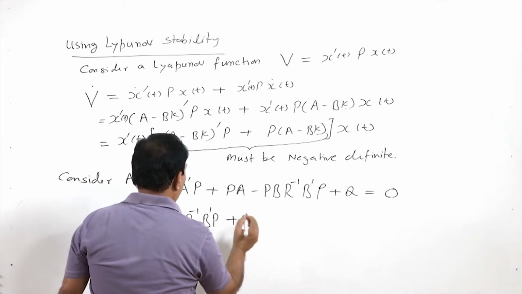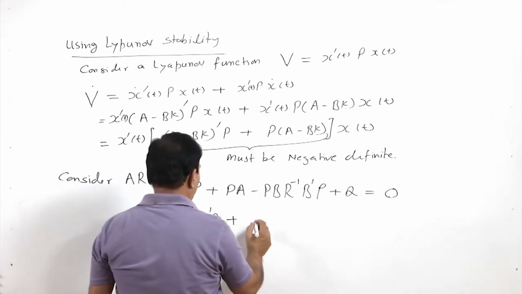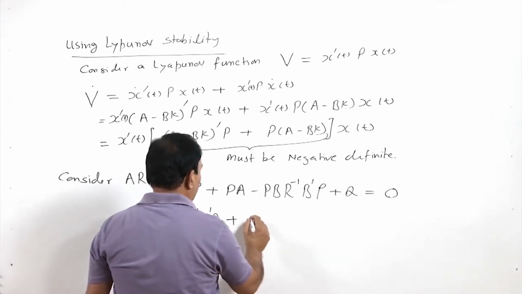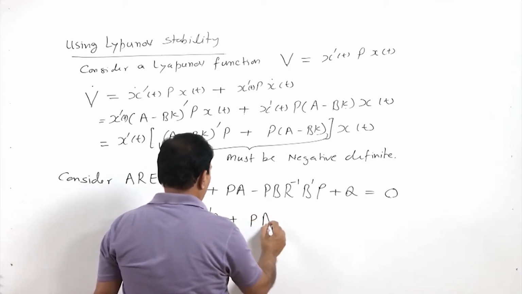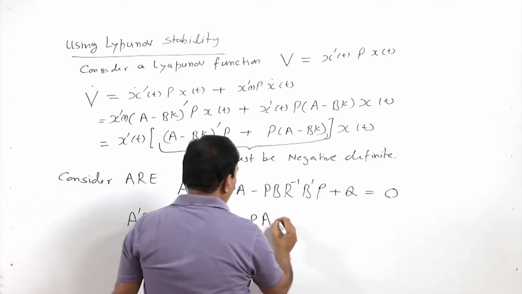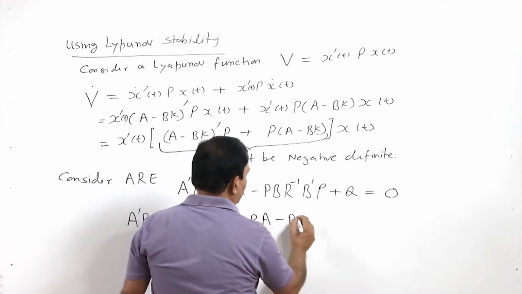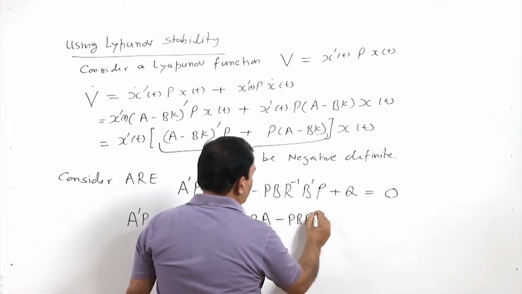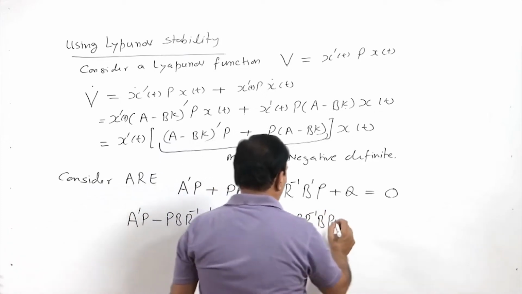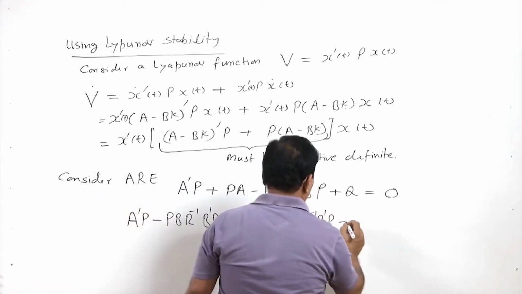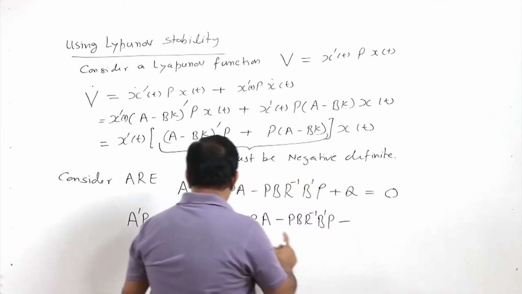This I take at one side, plus P A minus P B R inverse B prime P. This I will also take it here. Now, what I have to do?